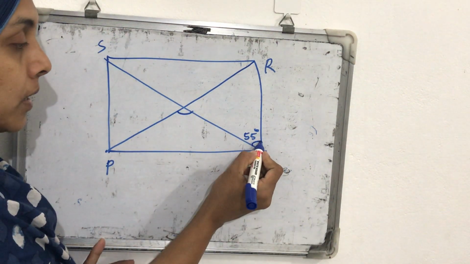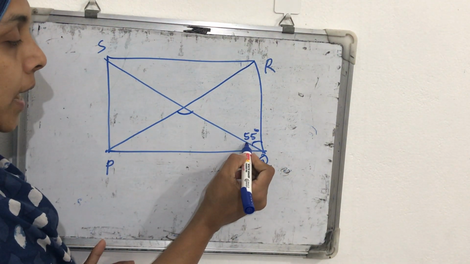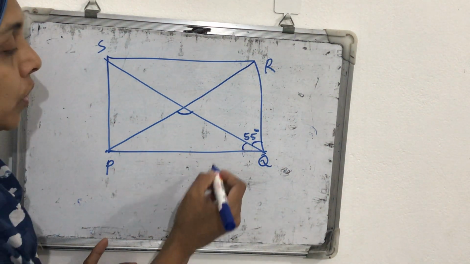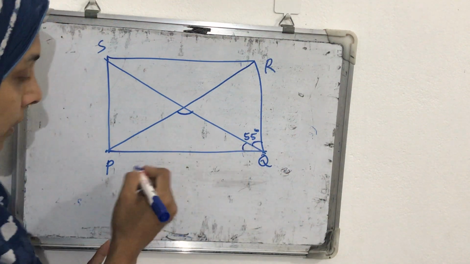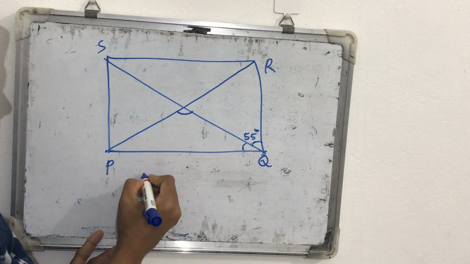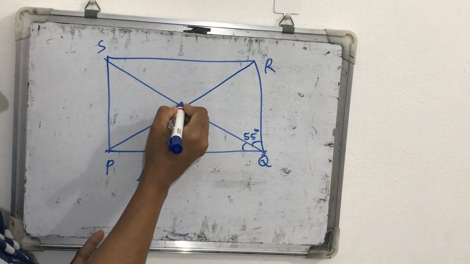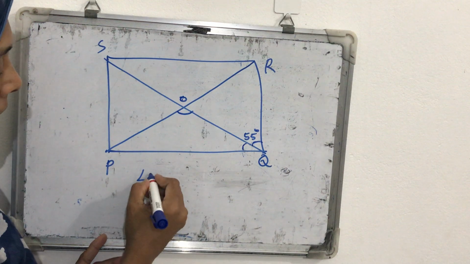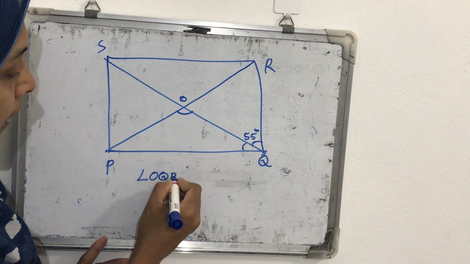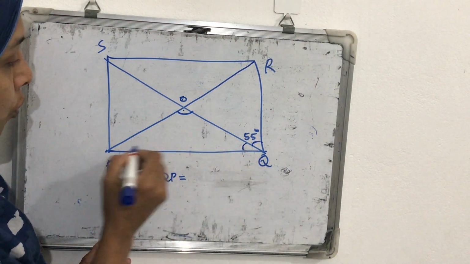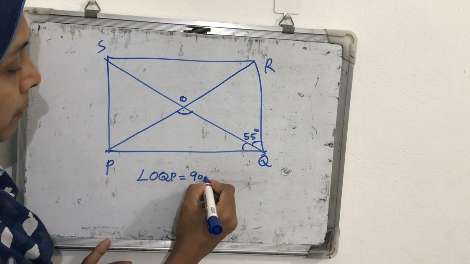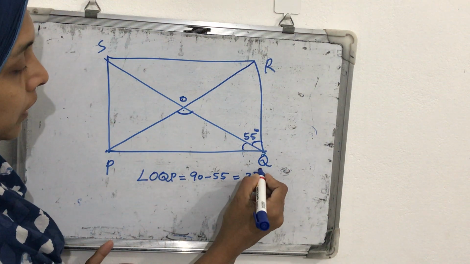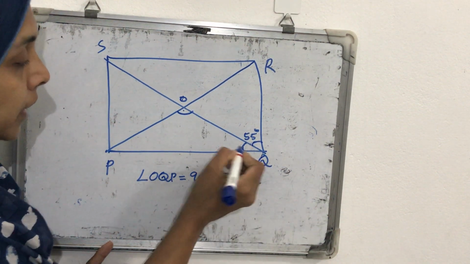So if this angle is 55 degrees, this angle will be 90 minus 55, so it will be 35. We can name this point as O. Then angle OQP equals 90 minus 55. So this angle will be 35 degrees.